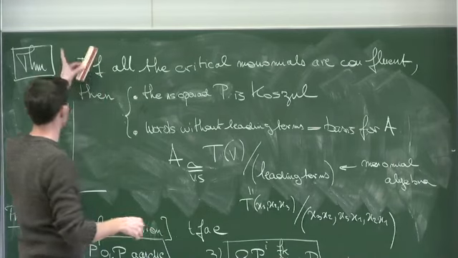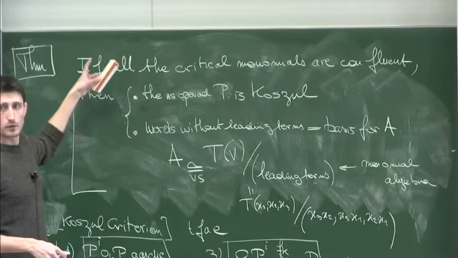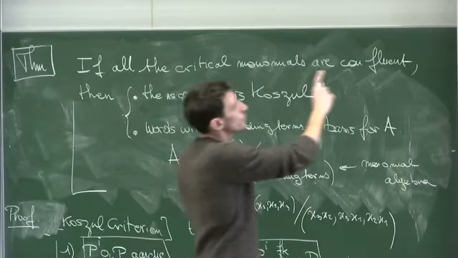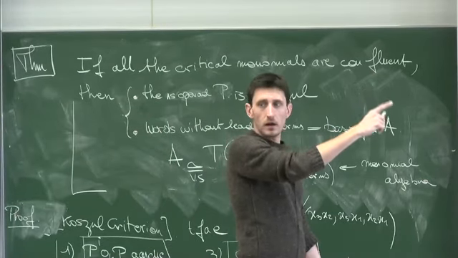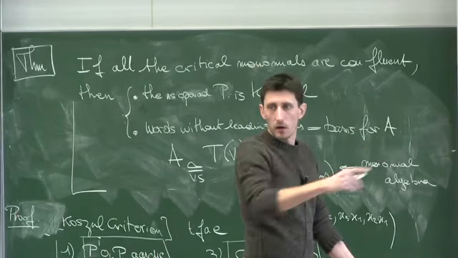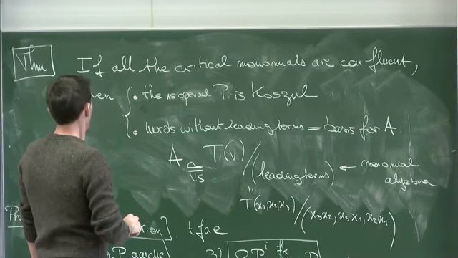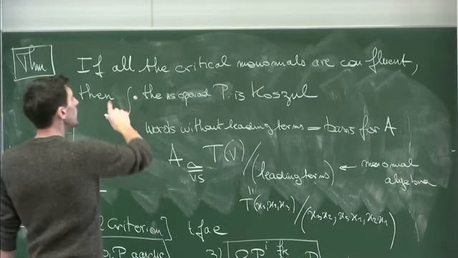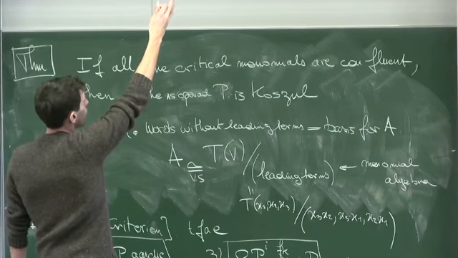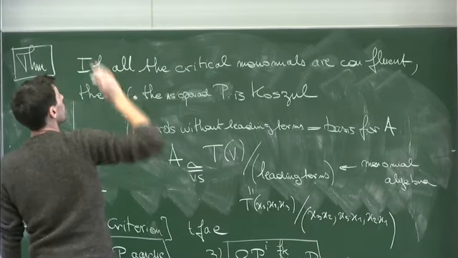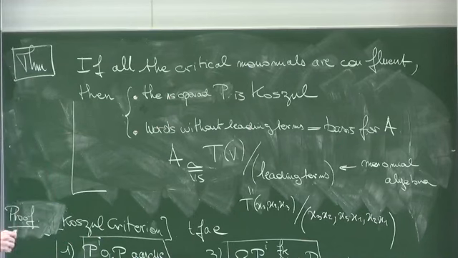Again, this is not the full version of the theorem. The full version is: if there exists a good ordered basis and a good order on trees, and so on, which I will make precise for symmetric operads. So if you can find such a good basis for your operad, such that all the critical monomials are confluent, then your operad is Koszul.